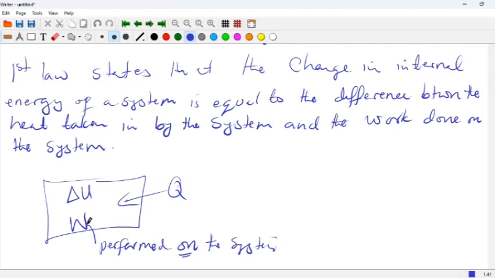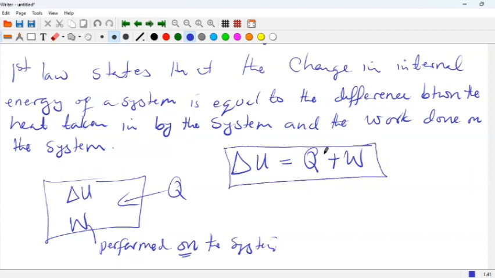So what the first law states is that the change in the internal energy is equal to the difference between the heat and the work performed on the system.